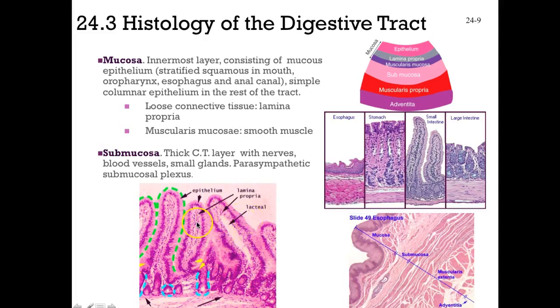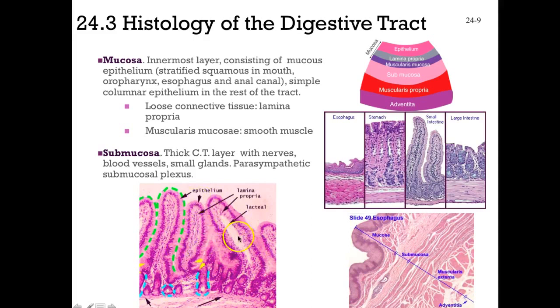So this is just another image showing you that simple columnar epithelium. Here's our lamina propria. And then we see this lacteal being pointed out over here. This is a picture, I believe, of our small intestines. So we have these finger-like projections that are called villi.